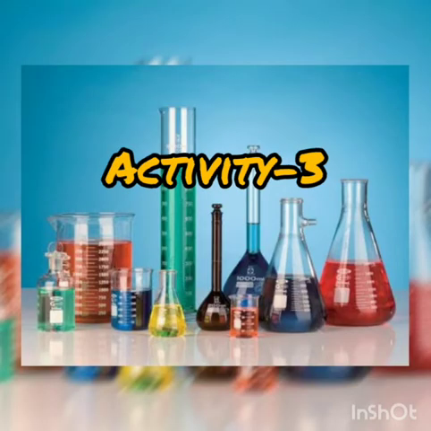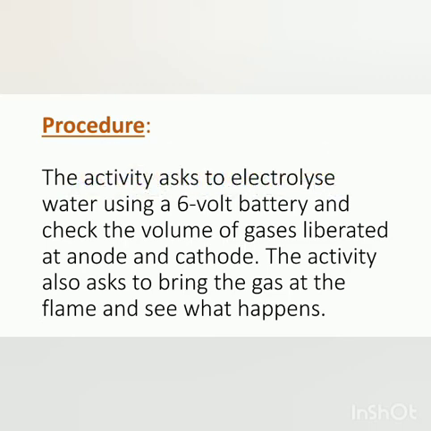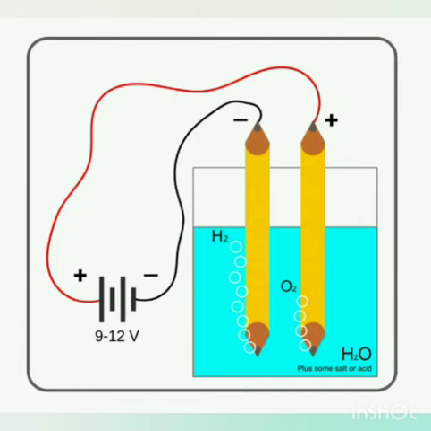See one more activity. Take a plastic mug and make 2 holes and insert electrodes in it. Connect these electrodes with a 6-volt battery. Now fill the mug with water and add alkali or dilute sulfuric acid in it. Take 2 test tubes, fill them with water and insert them over the electrodes.